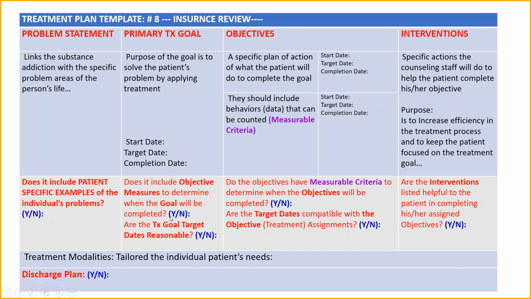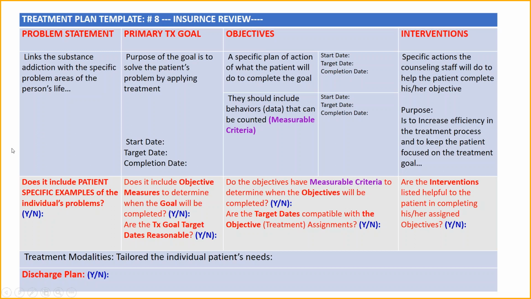On the primary treatment goal, does it include objective measures so that we can all tell when you hit the goal? So I see a lot of great goals, I see a lot of lofty goals, but it is rare that I see examples that you list for me to let me know, let you know, let the patient know when the goal has been met.